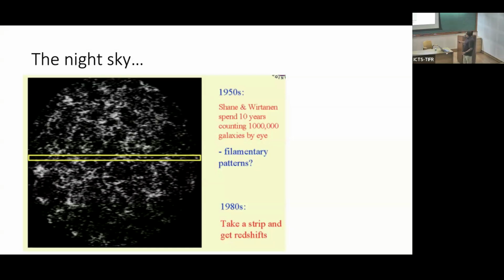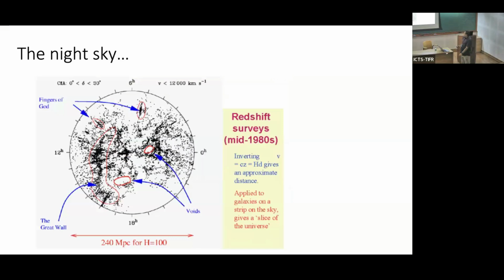Now, between the 1950s and 1980s, two big things happened, which basically gave birth to the way we do modern cosmology, at least in today's talk. Oh, by the way, when you look at these redshifts, you find all these structures, these great walls, voids. I'll come to this later.